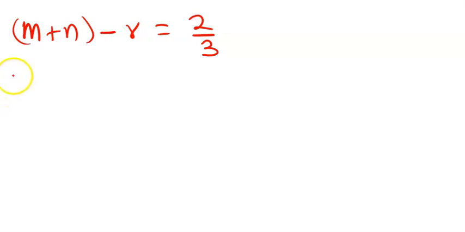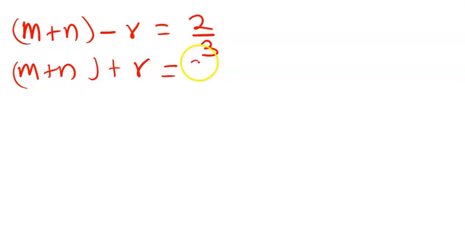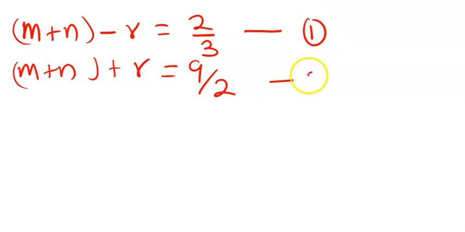Then the second one will also be m plus n plus r is equal to 9 on 2. Looking at this expression carefully, realize that when we multiply them, it's going to be a difference of two squares. So let's label this one as equation 1, and this is equation 2.